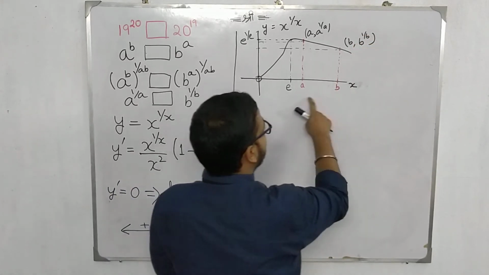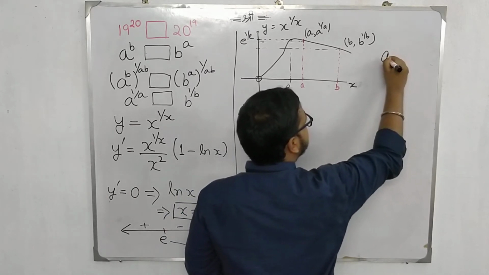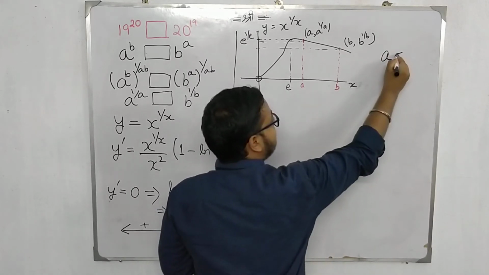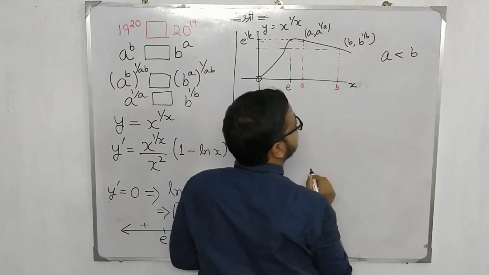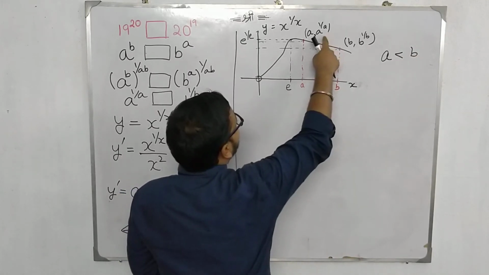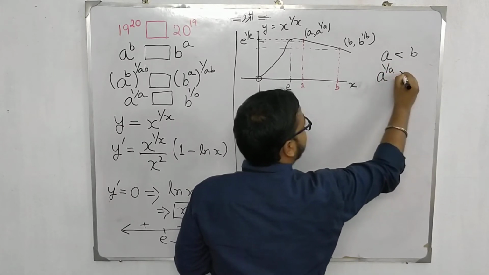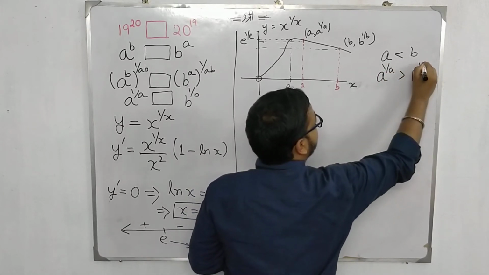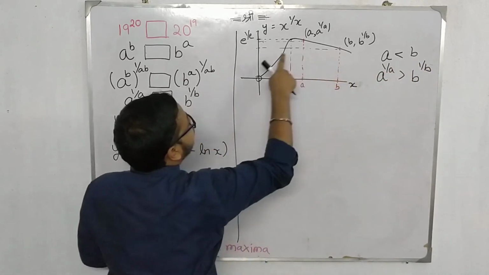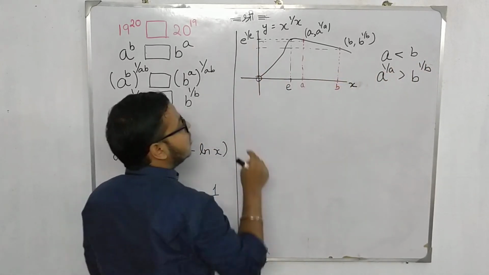So in this, on the x-axis, you can very well see clearly that a is less than b, right? And a to the power 1 by a is greater than b to the power 1 by b, because this one will be less than this one.